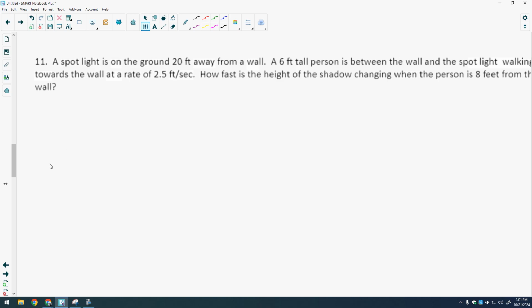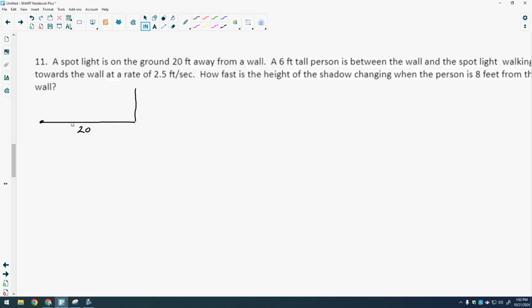All right, spotlight on the ground, 20 feet from a wall. I like pictures, so I'm going to go a little higher up. So here's my spotlight sitting on the ground, 20 feet away from a wall. That is a fixed distance. That spotlight's not moving.